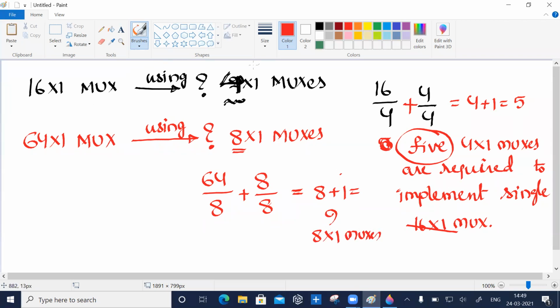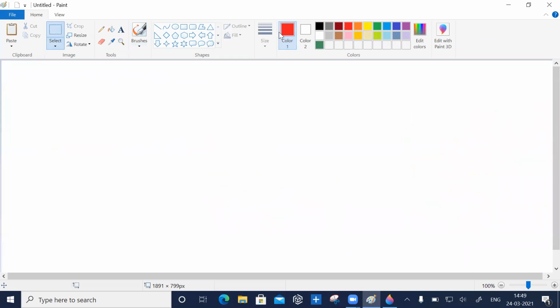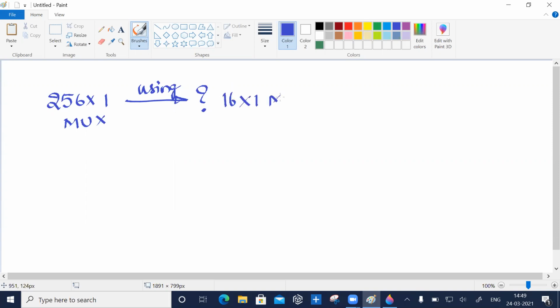So like that you can do anything here, okay? See, this is one of the important GATE questions. Sometimes the luck may favor you with a very simple GATE question. You know what that GATE question is? He asked that time, you have a 256 by 1 mux. You have to implement this mux using 16 by 1 muxes.